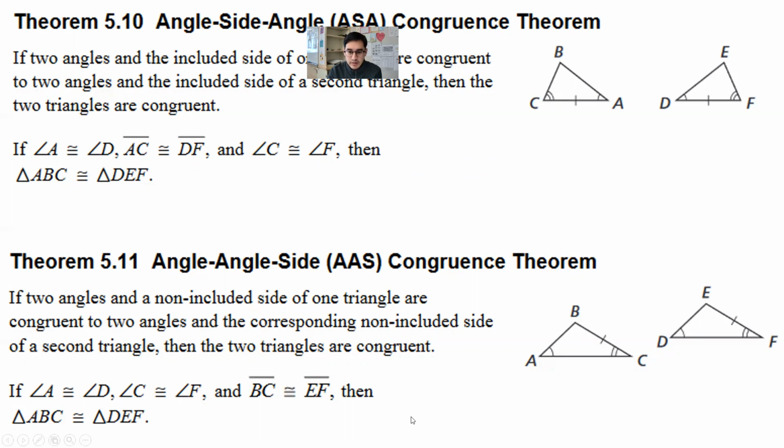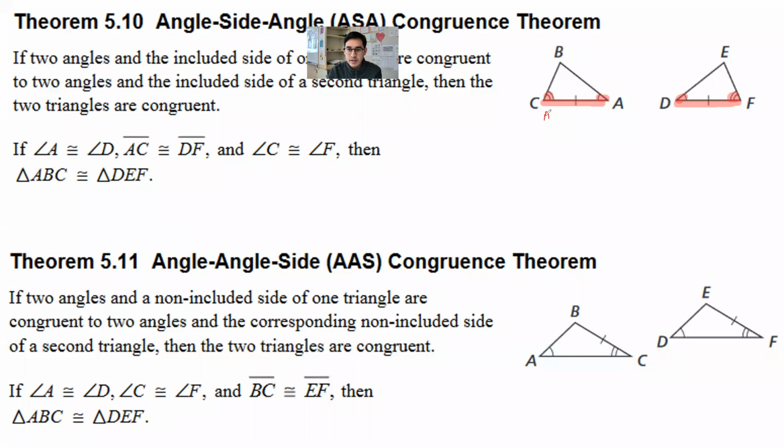Okay. So angle, side, angle, let's annotate here. If I take a look at these two triangles, I have an angle, a side, and an angle. And I've got an angle, a side, and an angle. So that's how it gets its name.